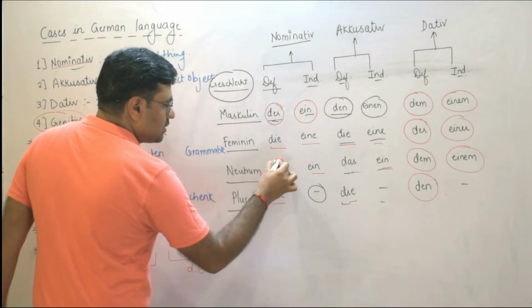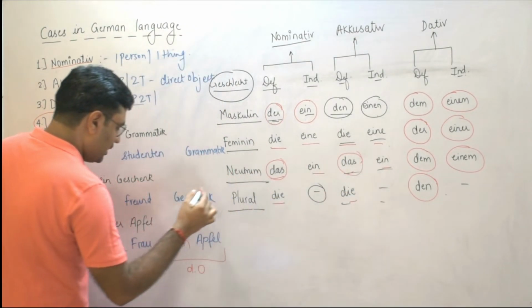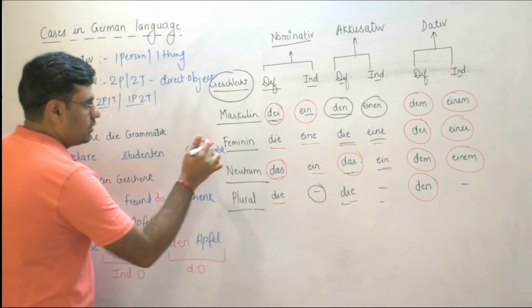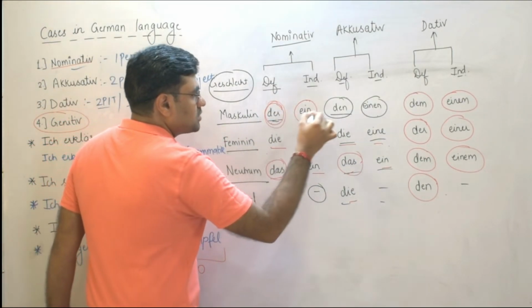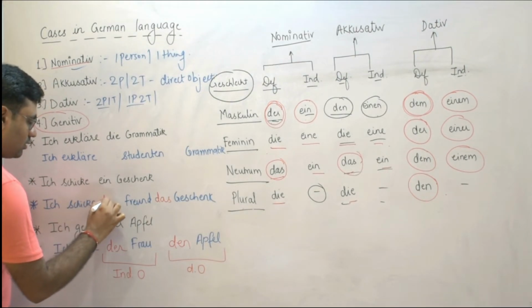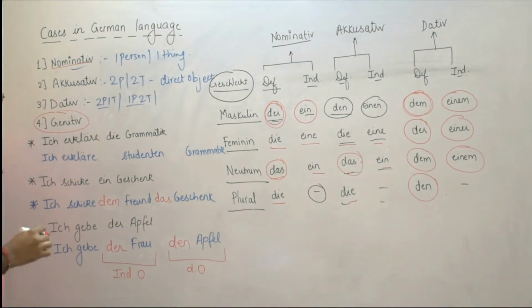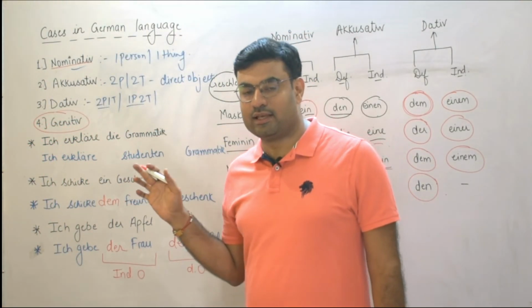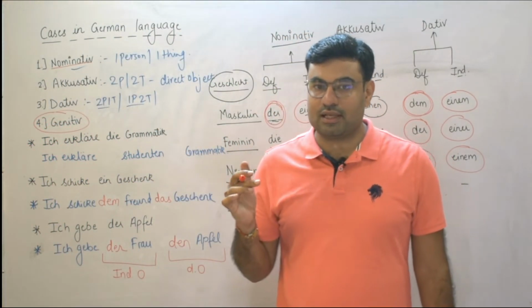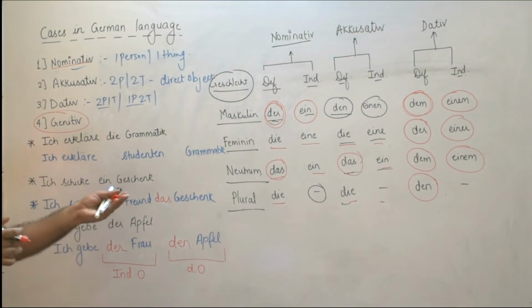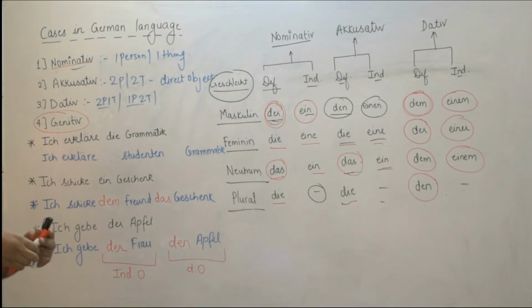So das will become das only. So it is das Geschenk. Der Freund becomes dem in dative. Dem. It will take a little bit of time for you to grasp these things. These things take time. It's not that I have taught you and from the next day you start framing sentences in dative. No, you have to spend time with this.